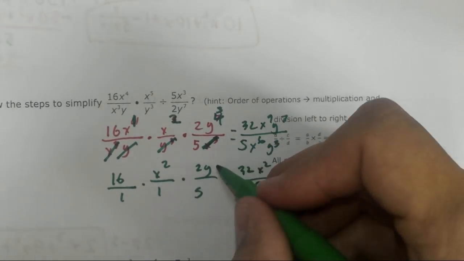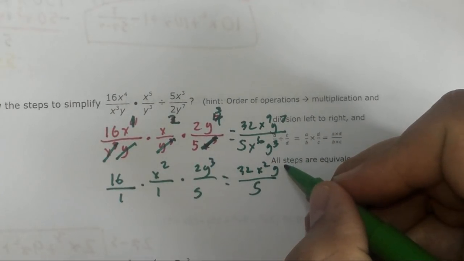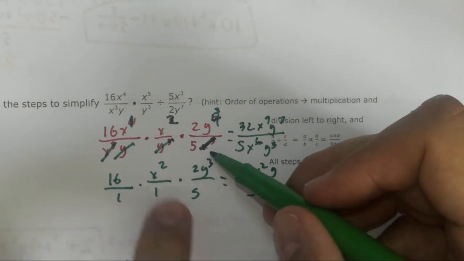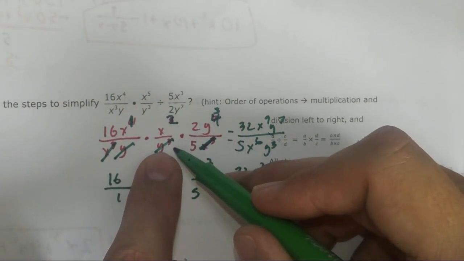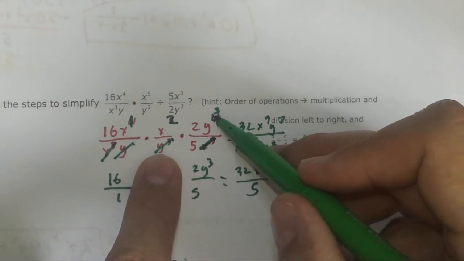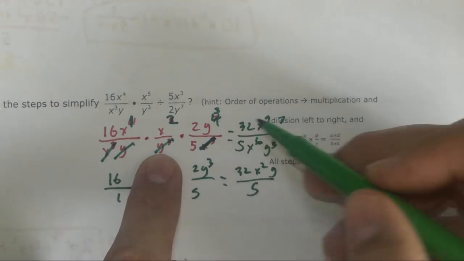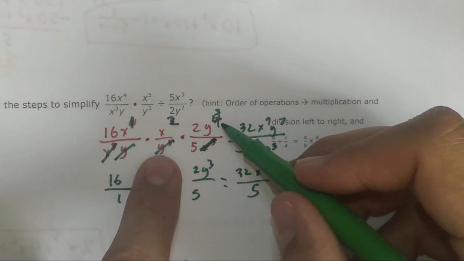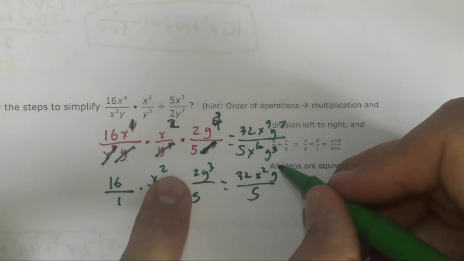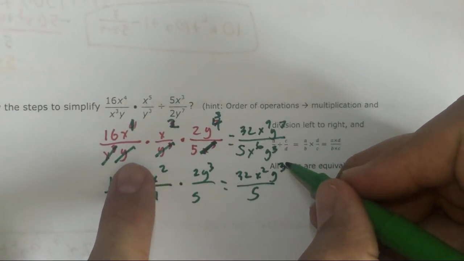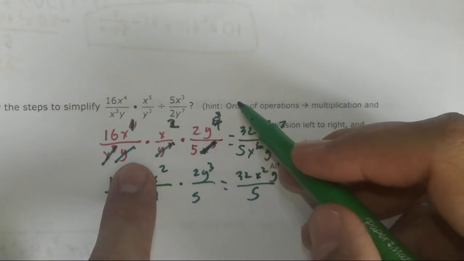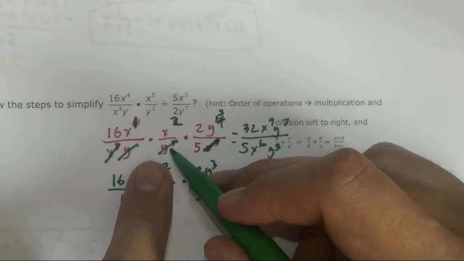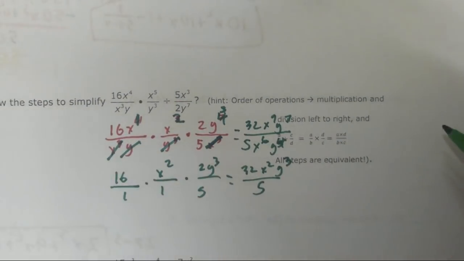Oh, that's a 3. Okay, this is a 3. Hold on. Y, 3, 7. Okay, yeah, that's right. This is wrong. This y and this y, that means that that's a 4.